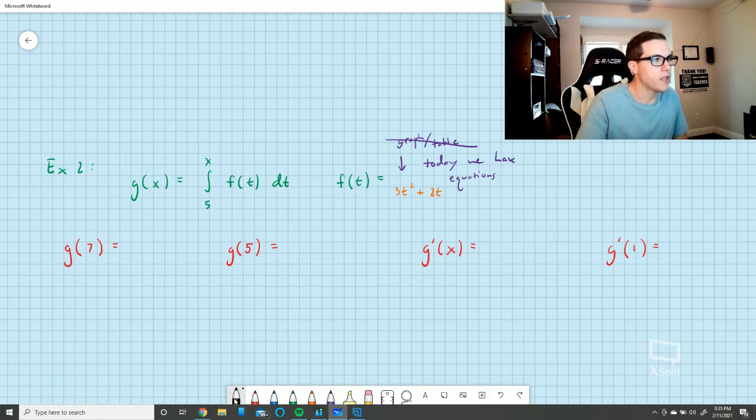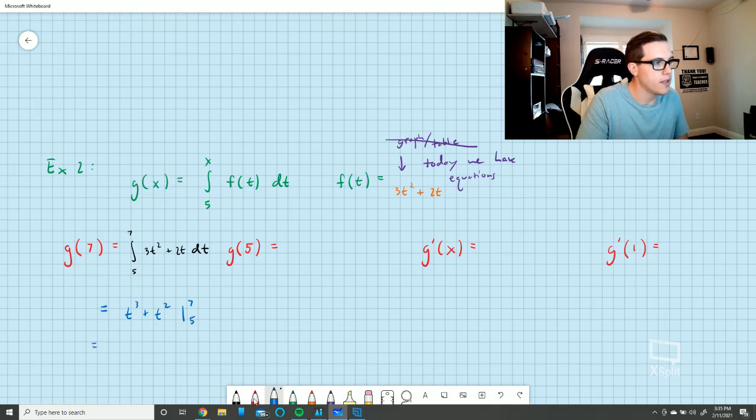All right, so first things first, g of 7. This says to find g of 7, what's the accumulation from 5 to 7 of the f function. And then we can do the math. At this point, you can either do it by hand or do it in Desmos. This one I gave was not too bad, so we can just do it by hand. The antiderivative, don't forget to take the antiderivative, is t cubed plus t squared, evaluated from 5 to 7.